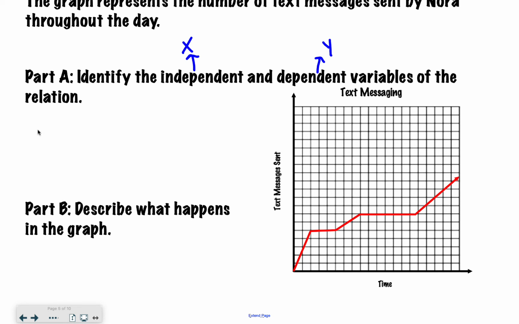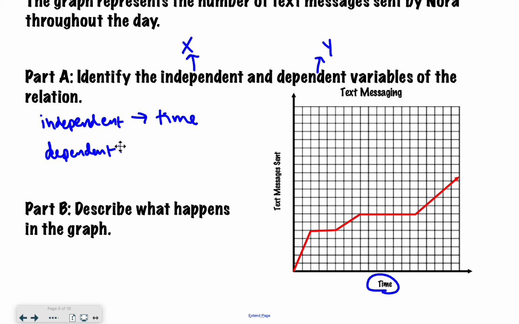So in this case, my independent variable is time. Dependent would be text messages sent.